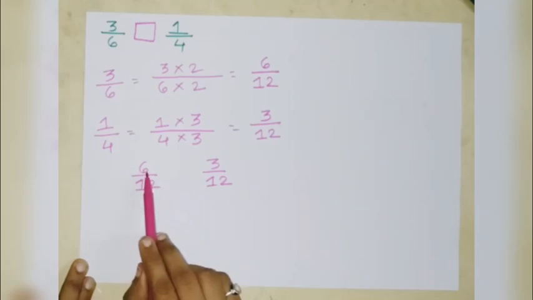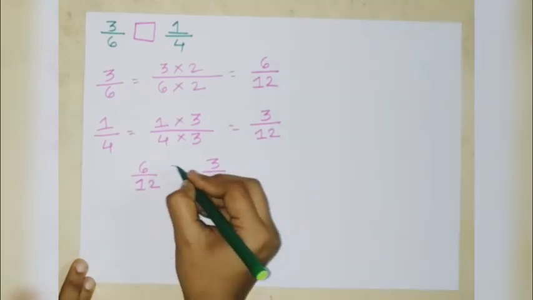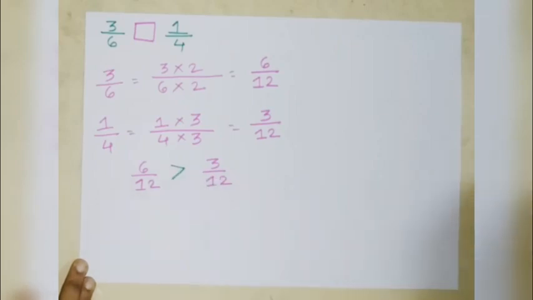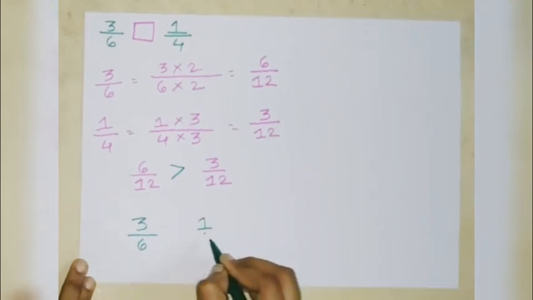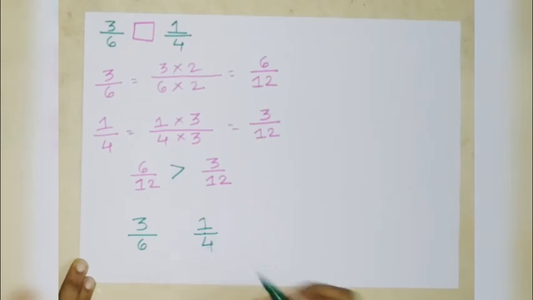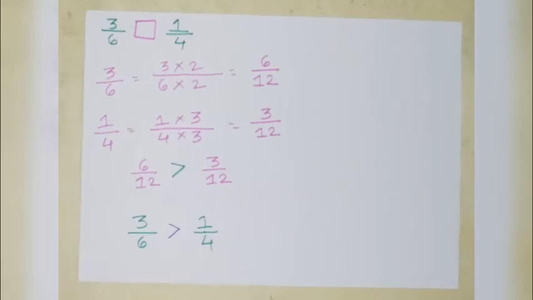Means greater number will be the greater fraction. Same question we will write 3 upon 6, 1 upon 4. Children, in final we will have to write like this. This is the greater fraction. Students, I hope you all understood how to compare unlike fractions.